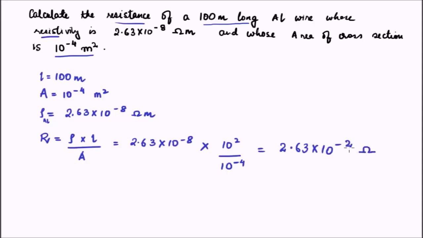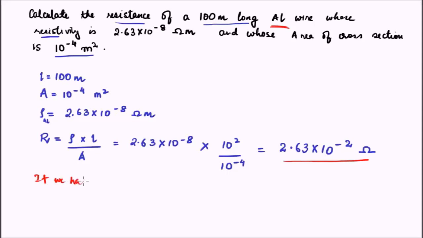Okay, so we get the resistance of our thin 100 meter long aluminium wire to be 2.63 into 10 power minus 2 ohm.